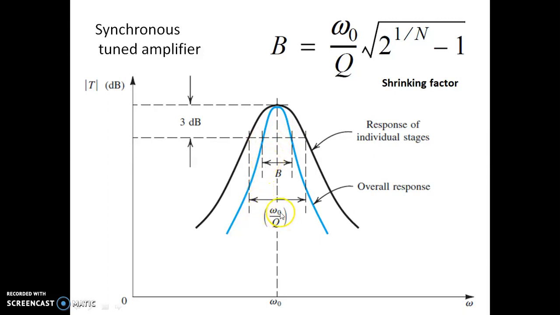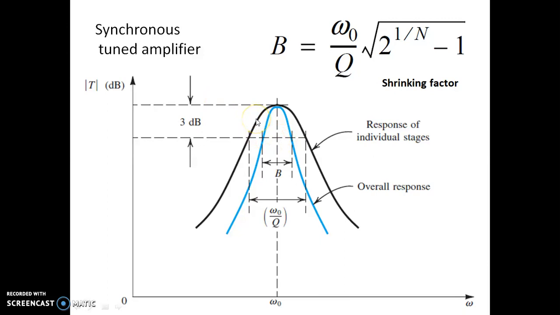So omega naught by Q was the original bandwidth when n is equal to 1. Now this is the new bandwidth after multiplying by this shrinking factor. This shrinking factor is due to the addition of more and more tuned circuits. This way we can get a higher Q circuit, or a bandwidth of very small value.